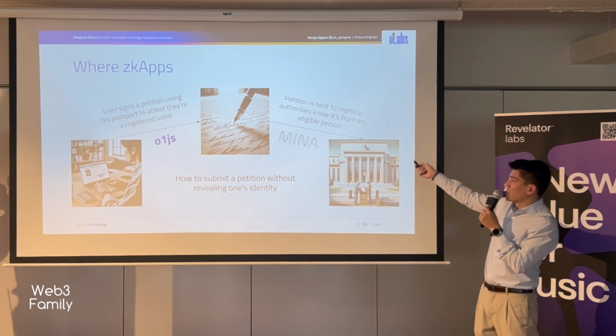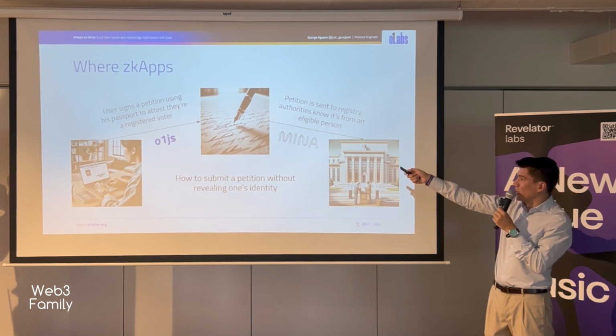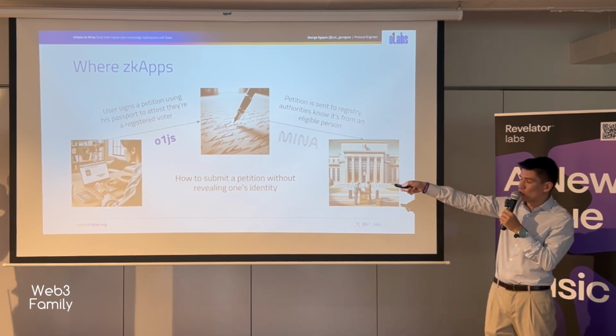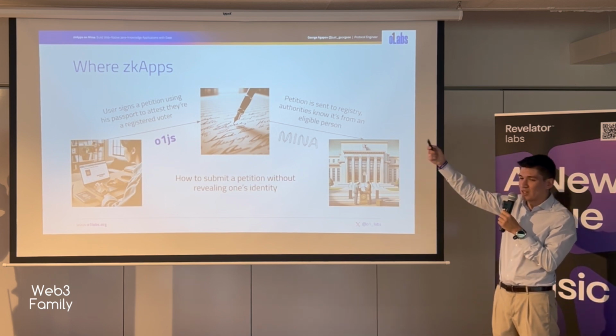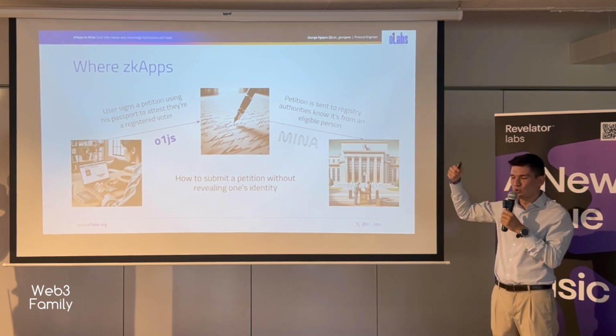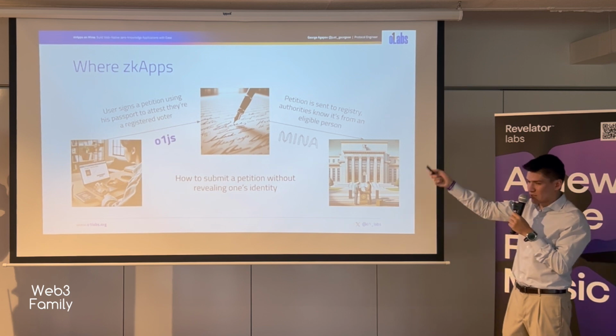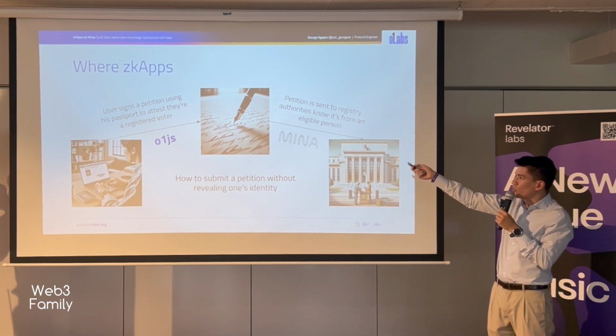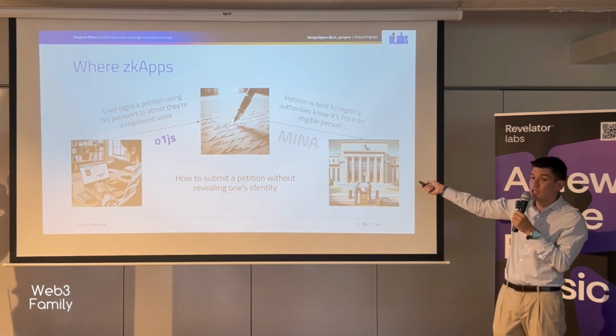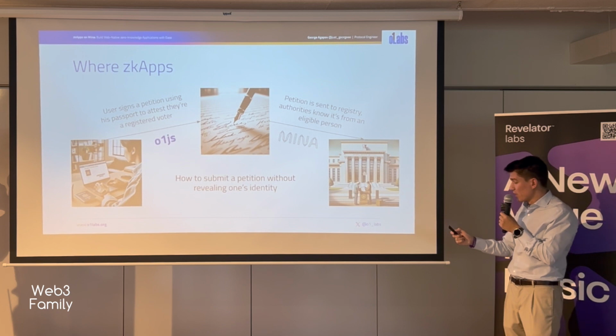And here it is in the example. You use O1.js in your website application run by the government to make a proof of the petition signature. And then you send this proof and petition hash maybe to a registry, which can be run on the Mina blockchain.